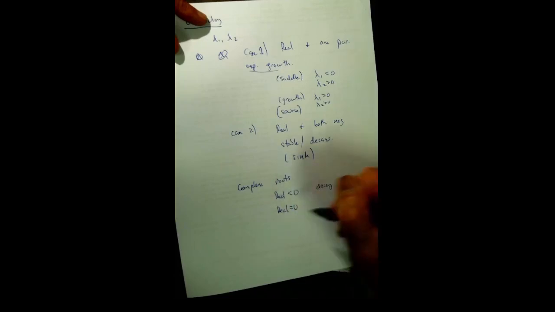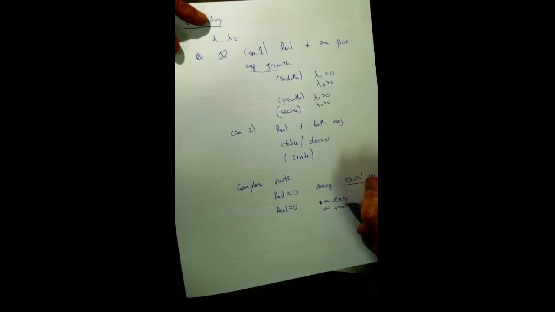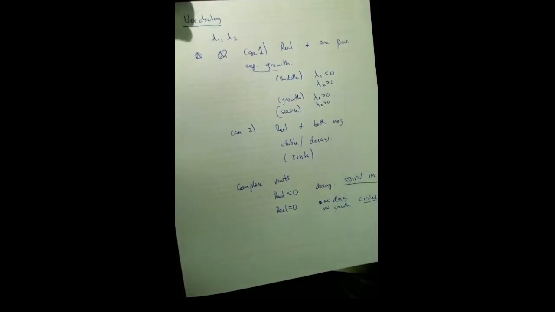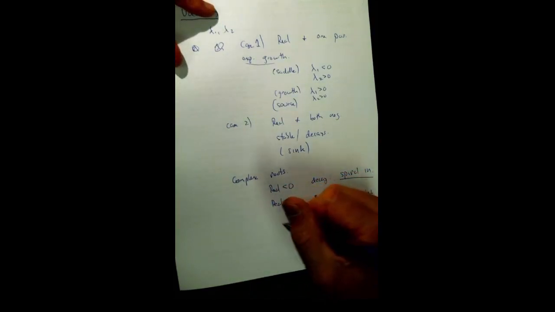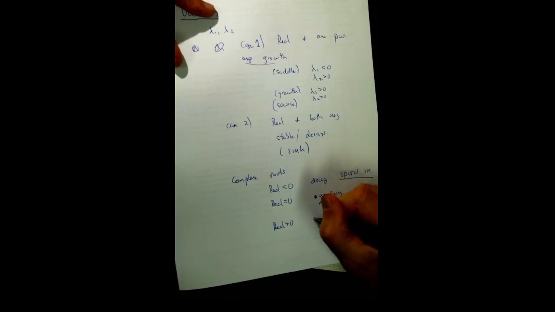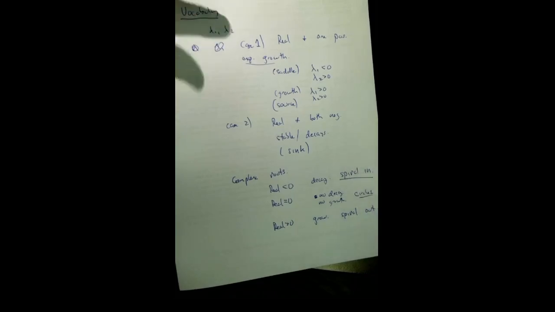If the real part is 0, there's no decay, no growth. And some books will refer to these as just circles or ellipses. Your solutions will move in big ellipses or circles. And then finally, if the real part is greater than 0, it's going to grow. And some books will say your solutions spiral out away from the origin.